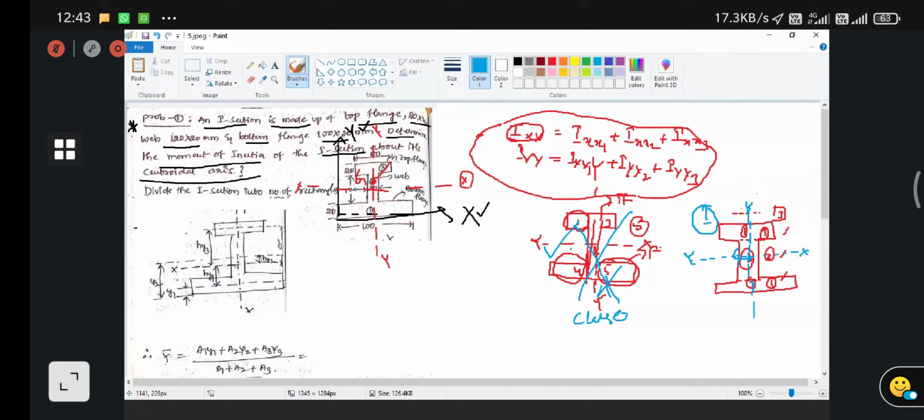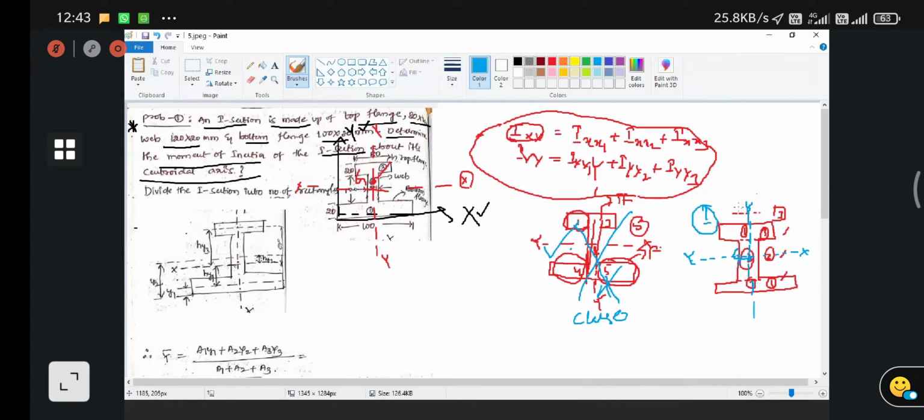Symmetrical means an axis which divides the given section into two similar sections. Only the y axis is going to give the same section, so this axis divides the entire I section into two halves.